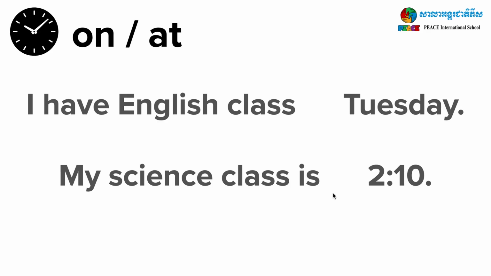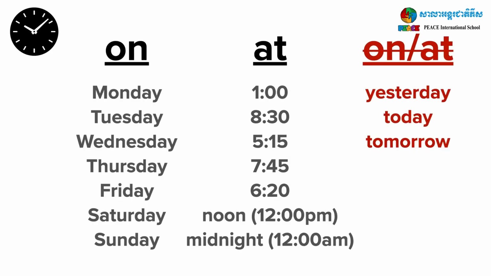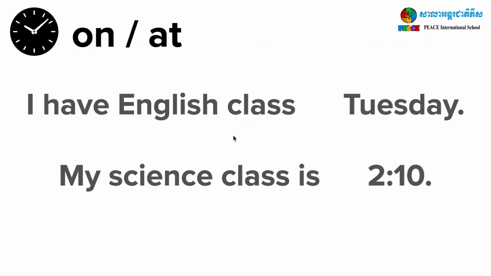Now, let's check your answer. On should be for a day of the week. On Monday, on Tuesday, on Wednesday, on Thursday, on Friday, on Saturday, on Sunday. At should be the time, the hour, and the minute. So, the first one, I have English class on Tuesday.